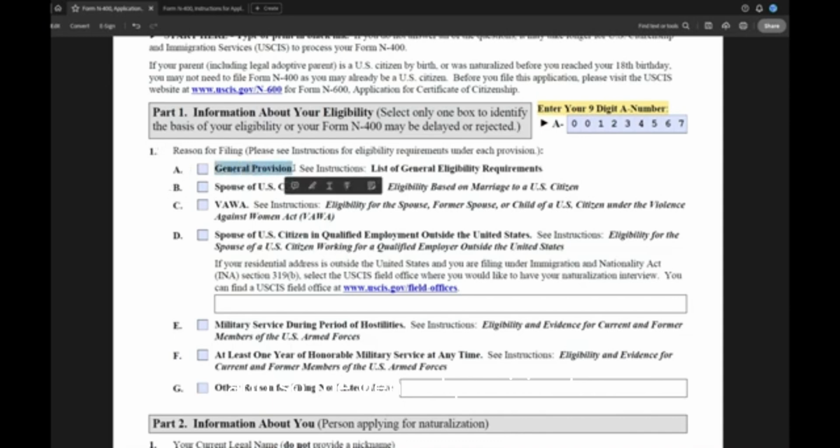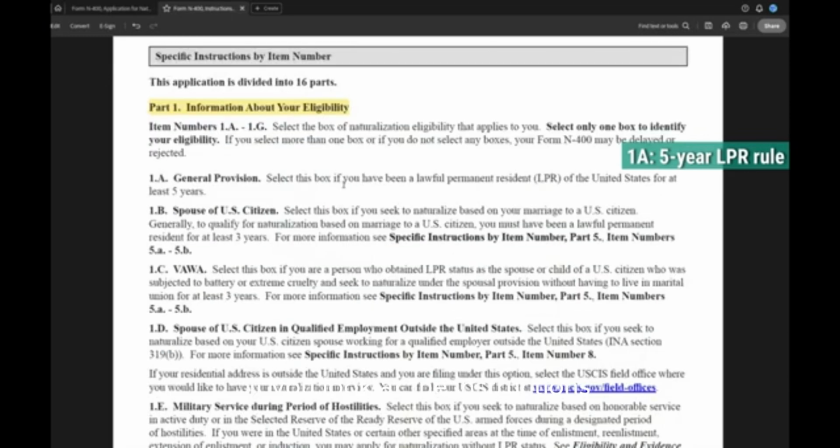And so the general provision box refers to people who are applying for naturalization based on a 5-year rule. If you look at the instructions, it is for those who are applying for naturalization if they have been a permanent resident for at least 5 years.